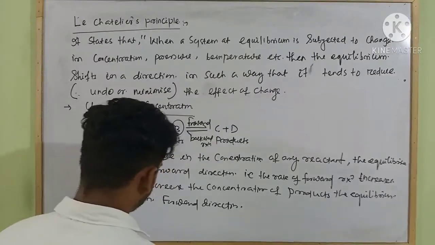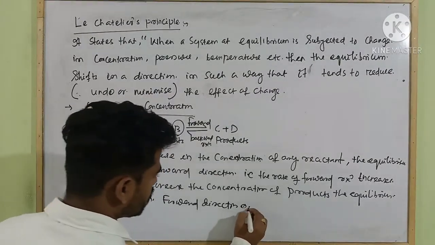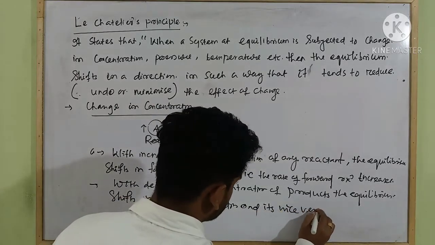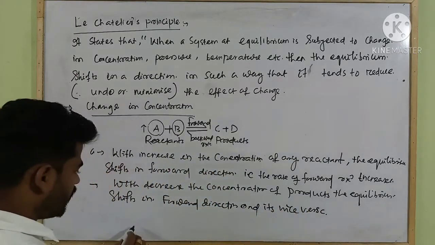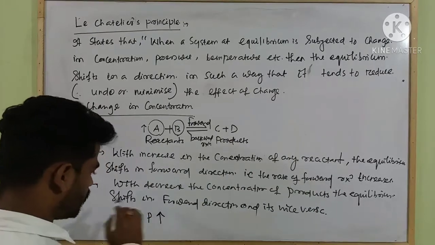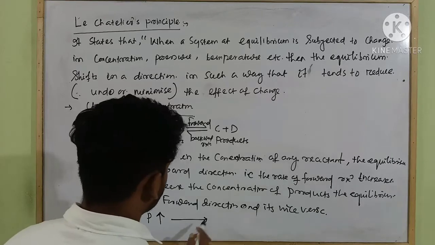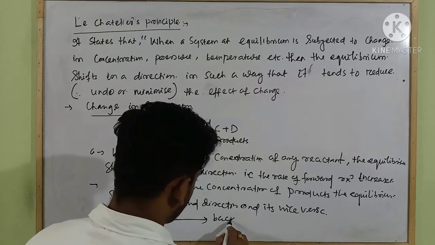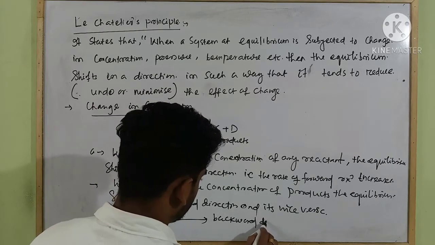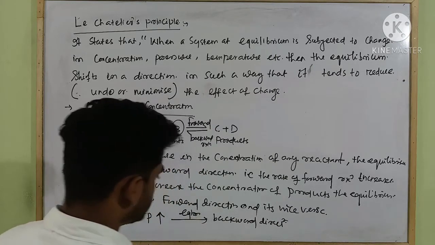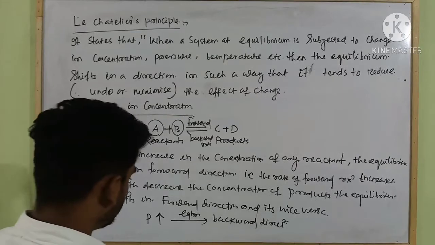And it's vice versa. Simply I can write, vice versa means, if you increase the concentration of a product, then the equilibrium shifts in the backward direction. Equilibrium shifts in the backward direction.